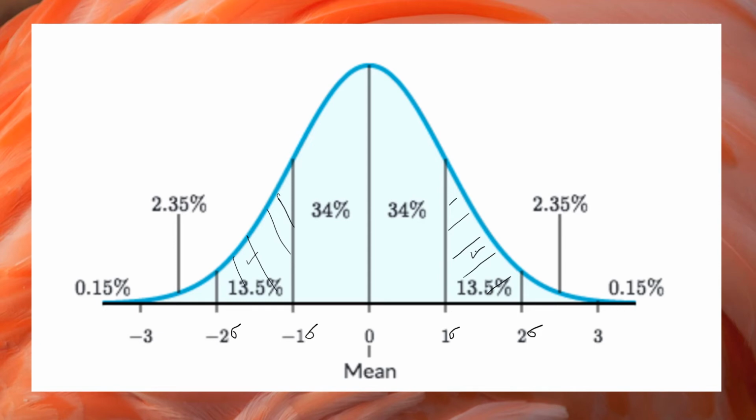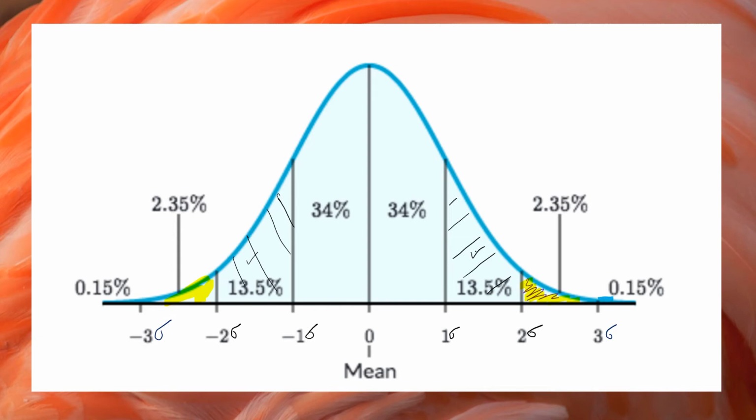Now since 99.7% of the data lie between minus 3 sigma to plus 3 sigma, this shaded region will be 2.35. So when you add everything together, you'll have 99.7.